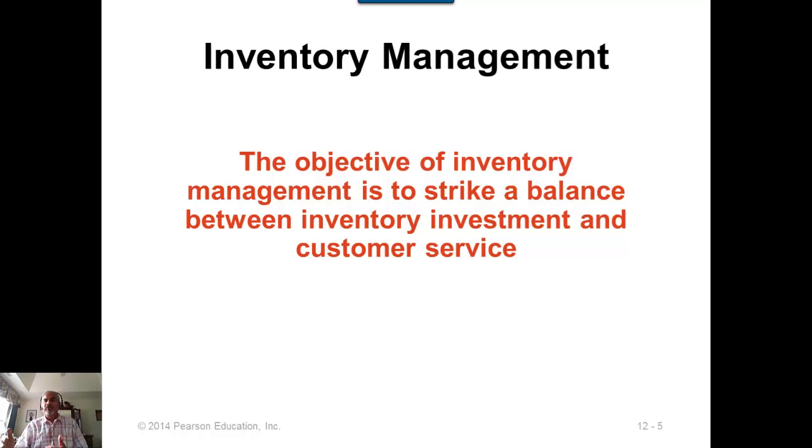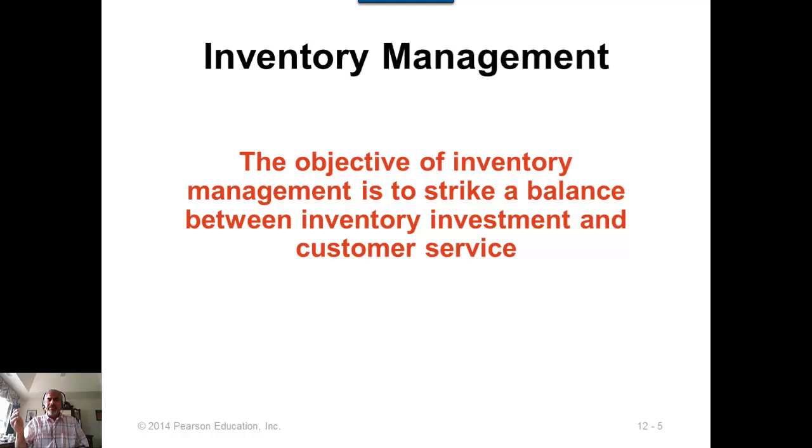So one way of making sure that we never lose sales, that we are always able to meet the demand, is to keep a lot of inventory. And when we keep a lot of inventory, then the inventory related costs go up significantly. At the same time, if we want to minimize inventory investment and we keep too low of an inventory, then the risk of not being able to meet customer demand goes up.